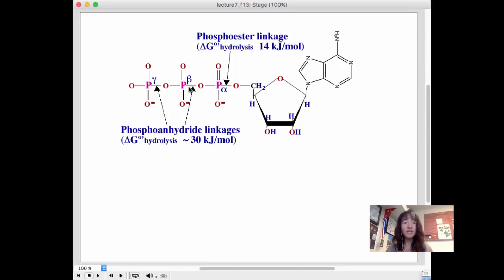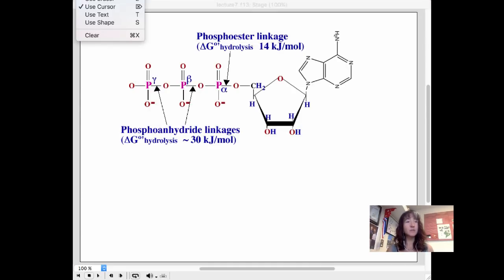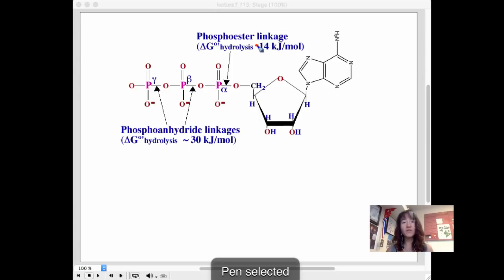And of course the TP means triphosphate, and that is where the special part of the molecule comes in, because there are some high energy bonds that occur in the triphosphate region. At the alpha phosphorus, we see a phosphoester bond, and notice that this is special because it has a delta G naught prime of hydrolysis of negative 14 kilojoules per mole. So let's make sure that we understand that when that bond is broken, it gives off 14 kilojoules per mole.